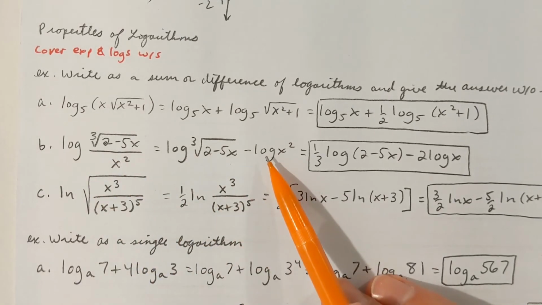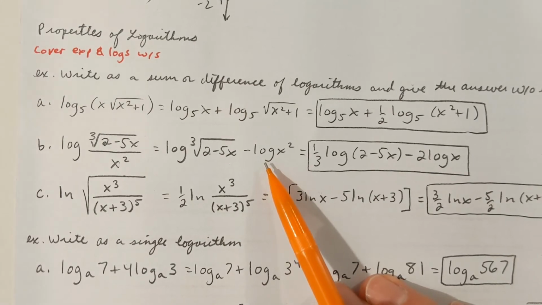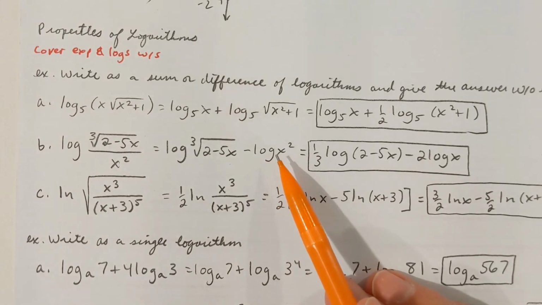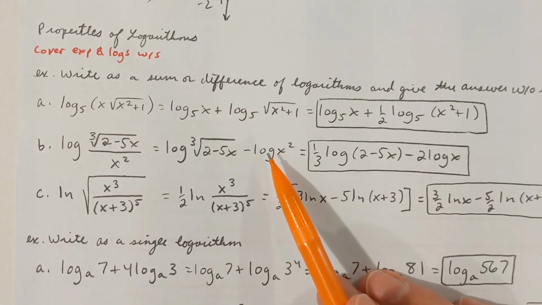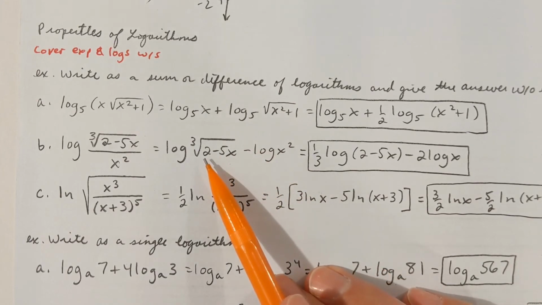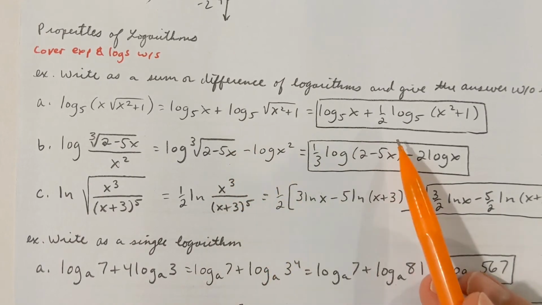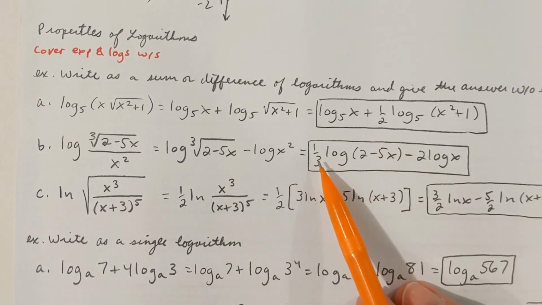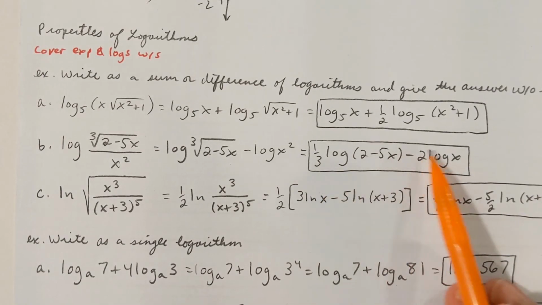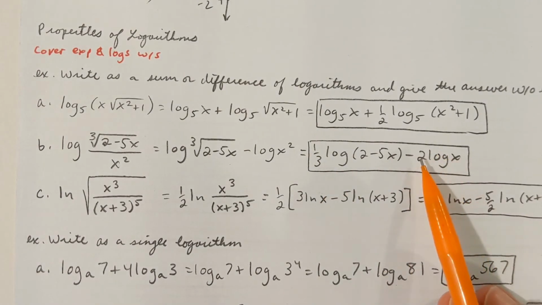But I've got base 10. And the last thing that you'd want to do is to bring the powers in front of the logarithm. The cubed root of 2 minus 5x, that'd be the same as 2 minus 5x to the 1/3 power. So that power of 1/3 can come out of the logarithmic notation there. And then, of course, on the other one, the power of 2 can come out in front.